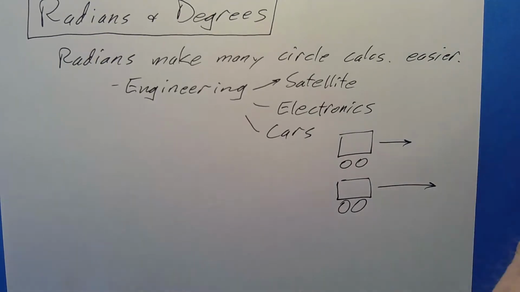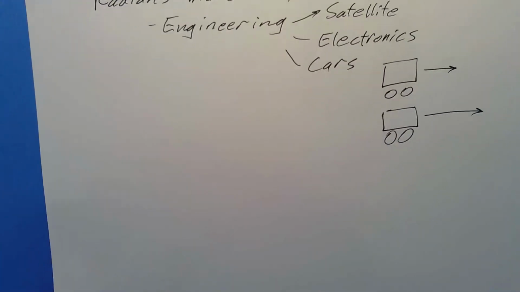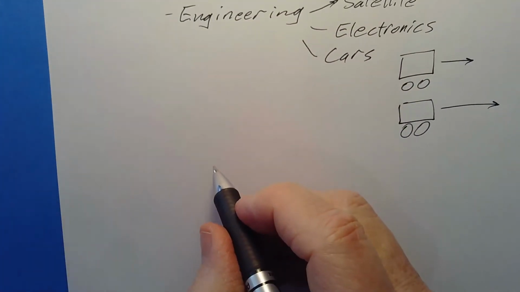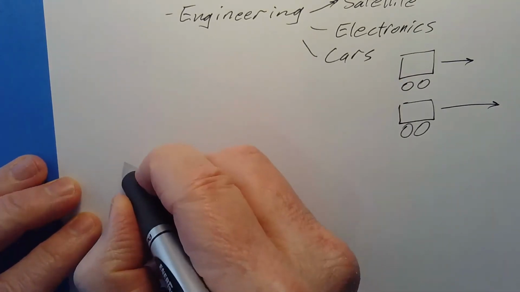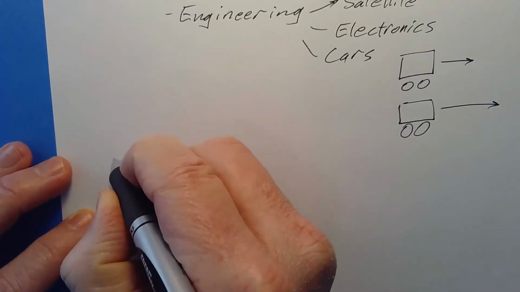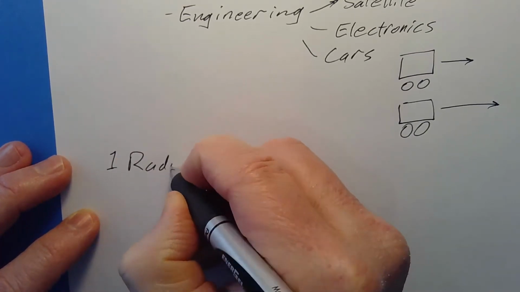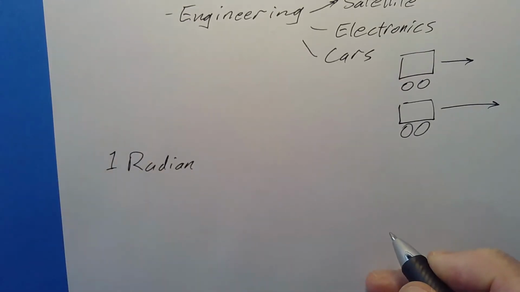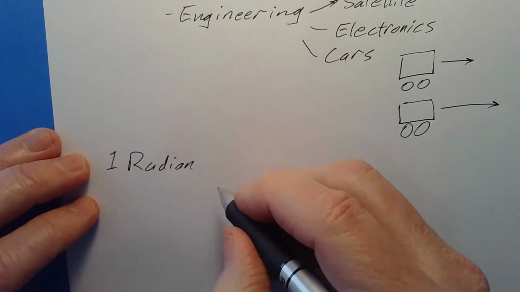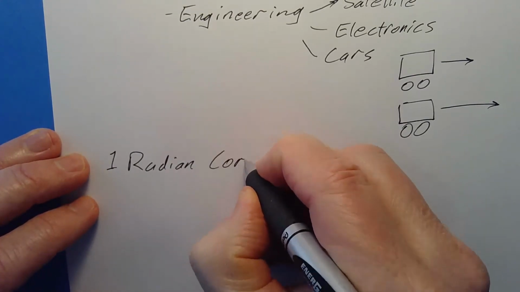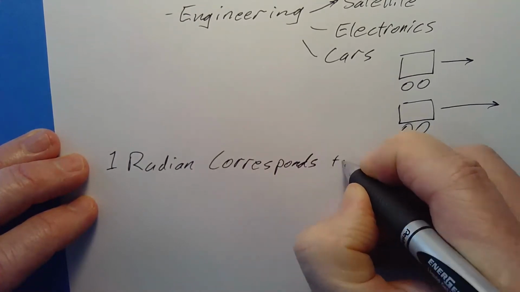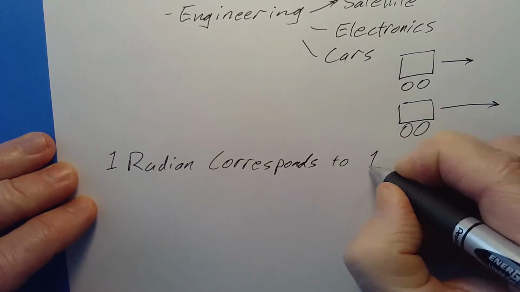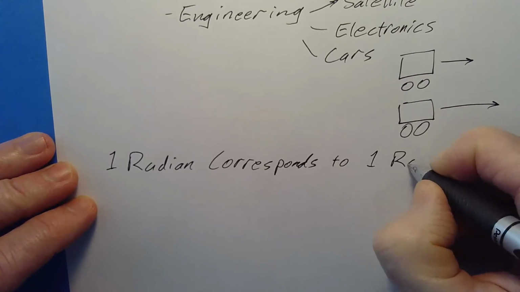Okay, let's get more into the nuts and bolts, though, of just what is a radian. Okay, so what's a radian? One radian corresponds to one radius.